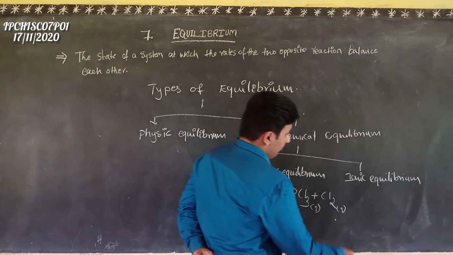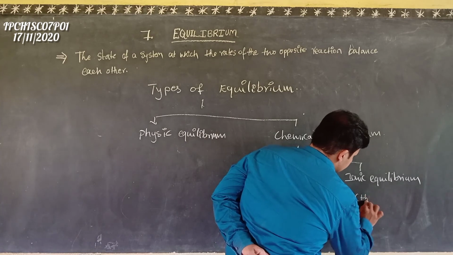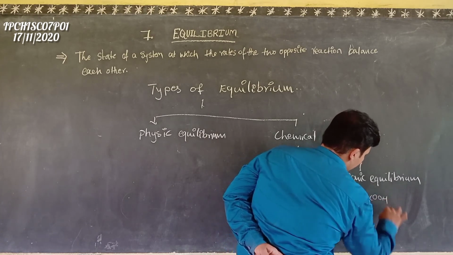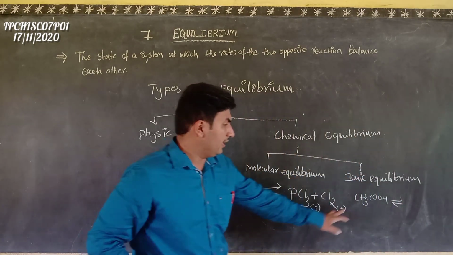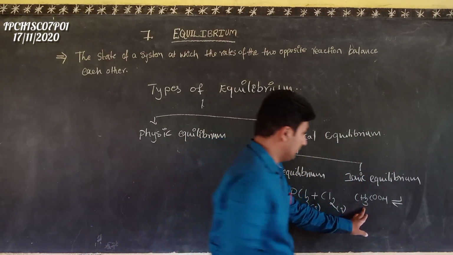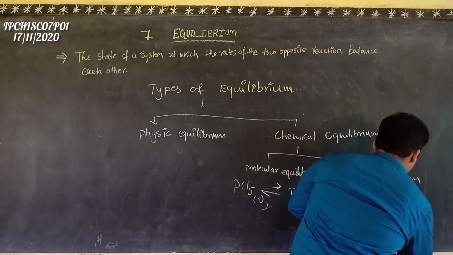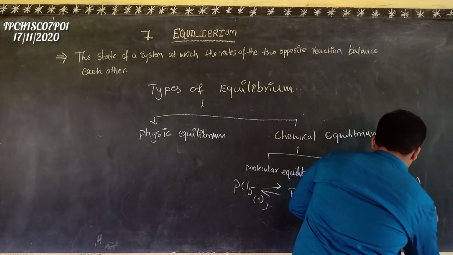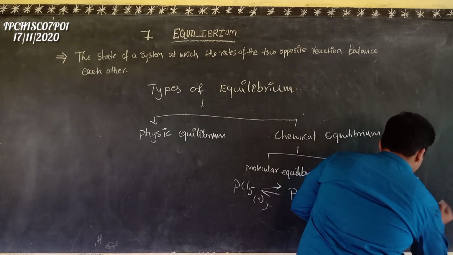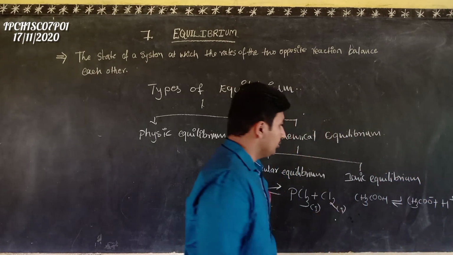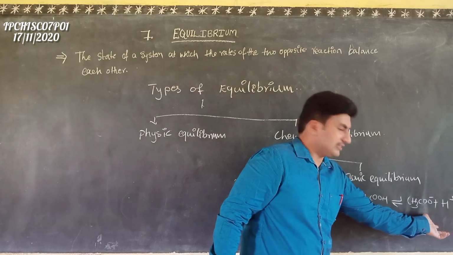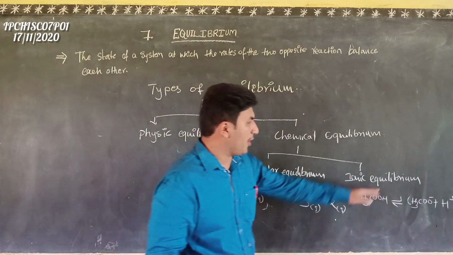For ionic equilibrium, the example is acetic acid. CH3COOH, acetic acid, is a weak acid. So it will give CH3COO minus plus H plus. So this will give ions as products, right? For that purpose, it is ionic equilibrium.